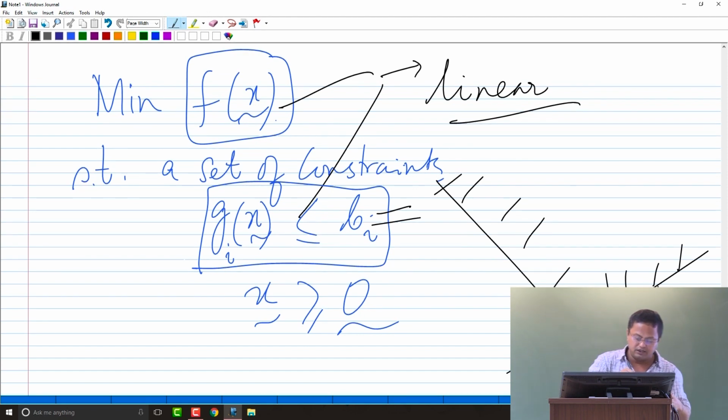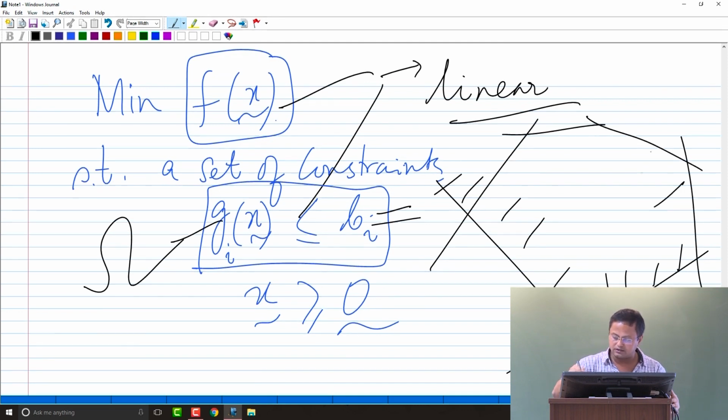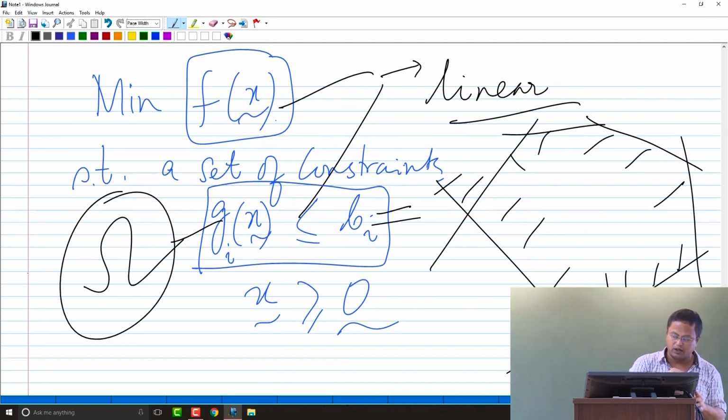Basically the domain on which you operate is the intersection of all such feasible regions, each one is convex, and it has already been said that the intersection of convex sets is convex. Okay. So, this is going to give you a convex set, but it is not always going to be nicely closed like this. It can be open, it can be empty, but again they are convex sets.